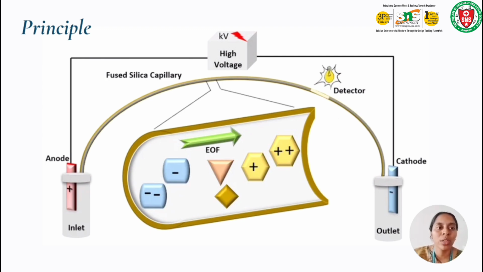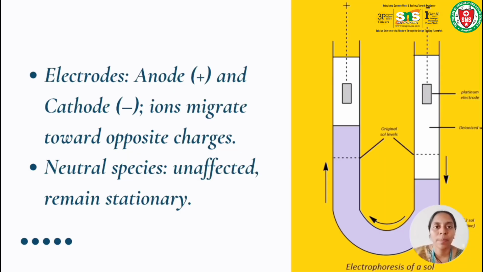The solvents are moving towards the cathode, and as the component is positively charged, while the solvent system is moving towards the cathode, the positive ones move at a faster rate. The neutral compounds are in the middle, and the negatively charged samples are moving at a slower rate, towards the anode side.